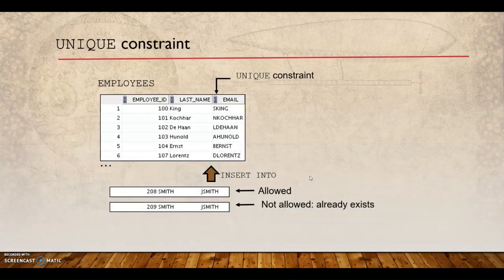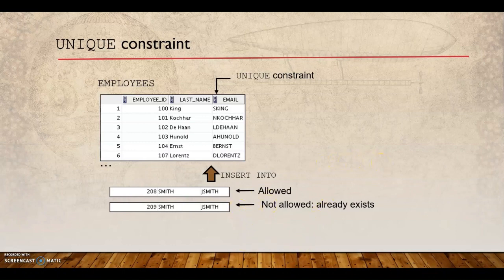Unique constraint. Ideally, when you have the email ID, you have it as a unique constraint. Unique means it needs to be unique. Names can be a unique name too. So that is what a unique constraint is all about.